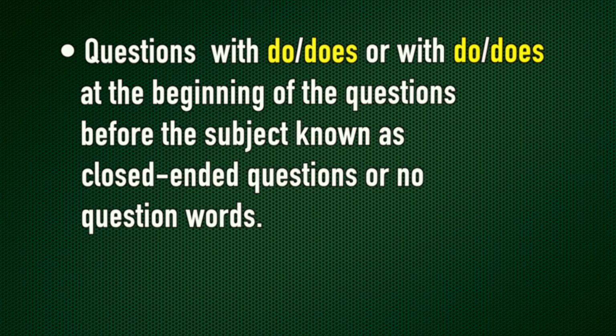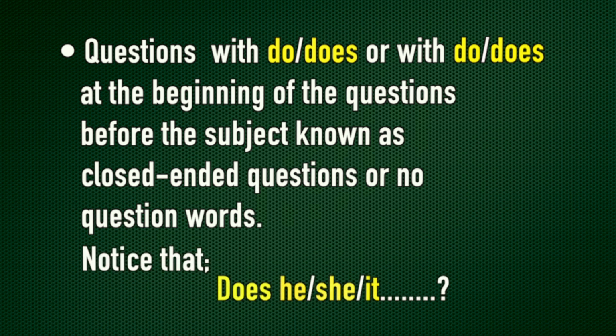And the next, questions started with do or does, with do or does placed at the beginning of the question or before the subject, usually known as closed-ended questions, or questions without question words. Just for you to know, does is only used when the subject is in the form of the third person singular, such as he, she, or it.